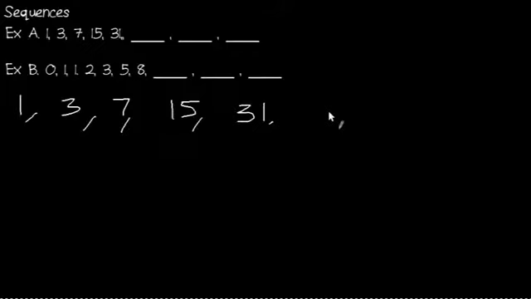Pause the video and try to figure it out for yourself. Okay, if you're getting stuck, I'll give you another hint. I'll give you the first of those blank spaces, and I'll tell you that that is going to be 63. Can you figure out what the other two are? Pause the video now and try it again. And then I'll give you the solution.